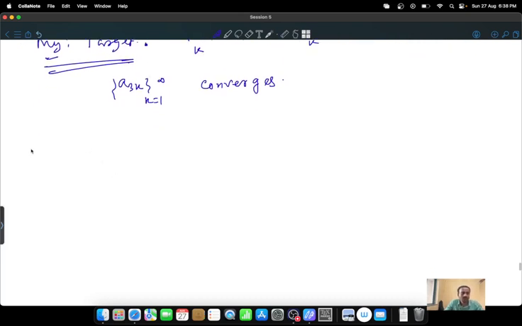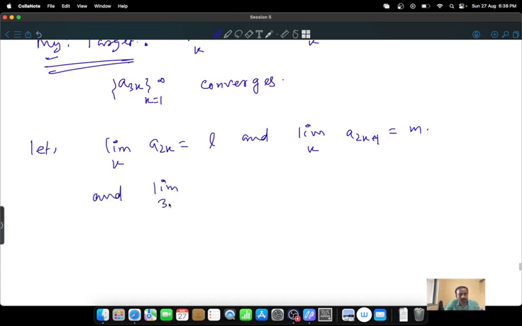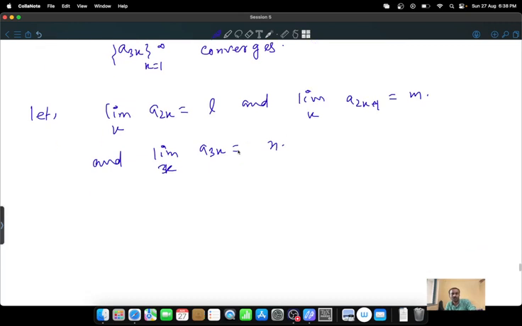So let the limit of a_{2k} be L and the limit of a_{2k+1} be M. Also a_{3k} converges, say to N. Now my target is to show L equals M. So now look at the subsequence a_{6n}.